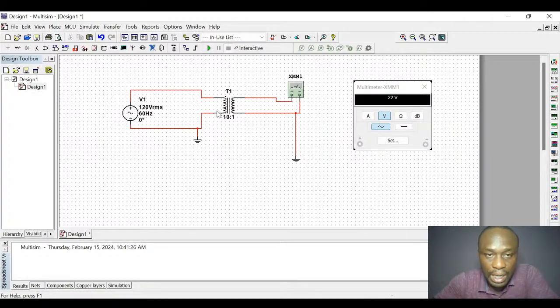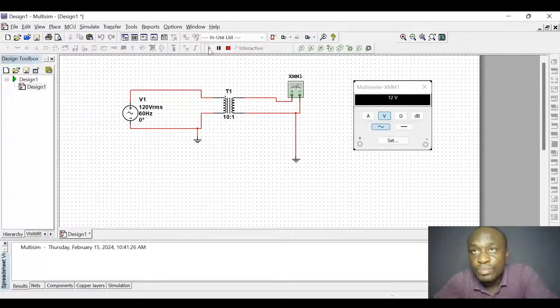And we run our simulation. You can see that we have 120 volts RMS at 60 Hz frequency and 0 phase angle.